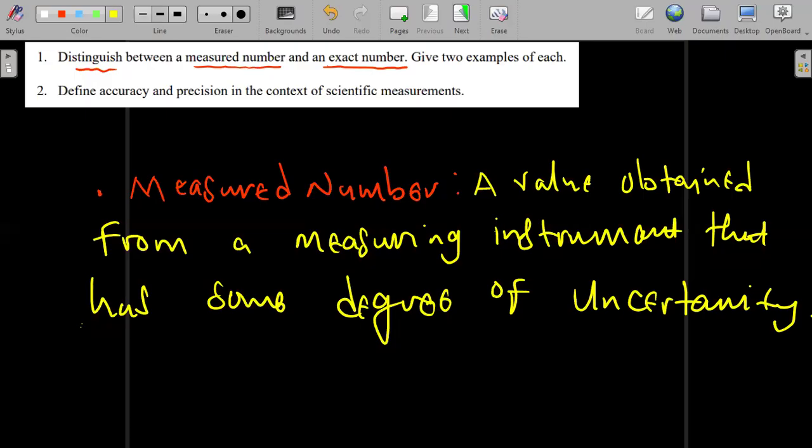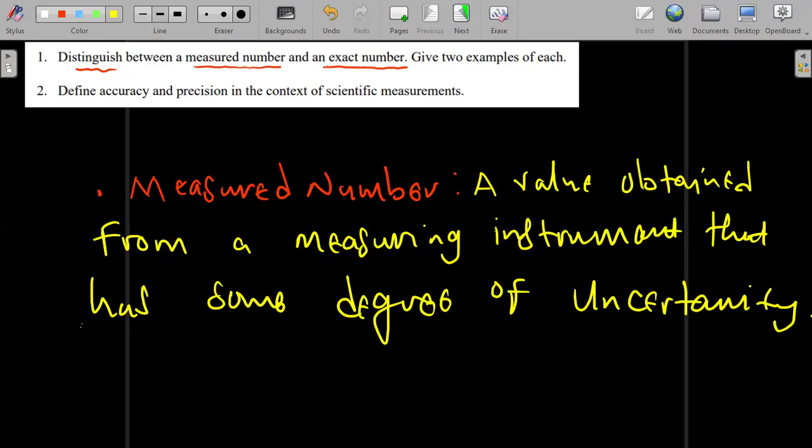It's going to read maybe 99.99 grams. That error that makes us not get the exact weight of that apple is what we refer to as some degree of uncertainty. So a measured value is a value that you obtain from a measuring instrument.